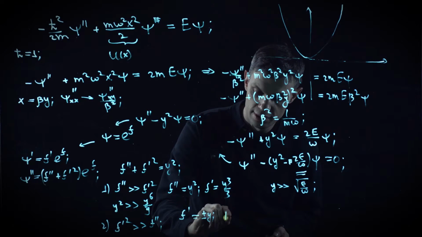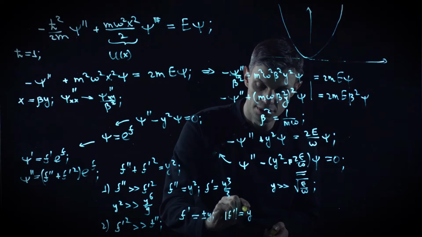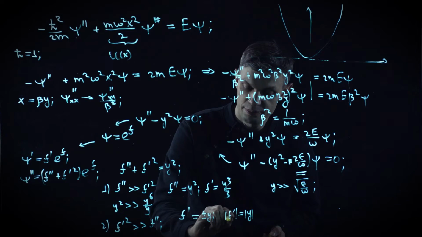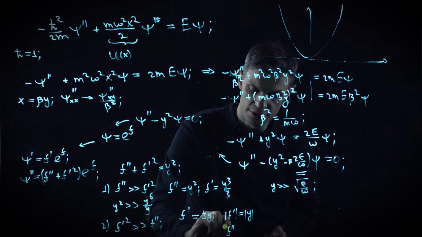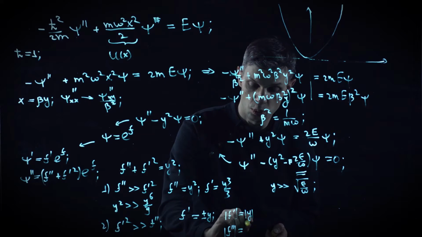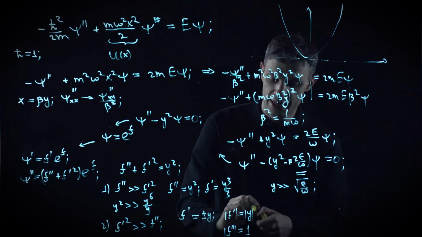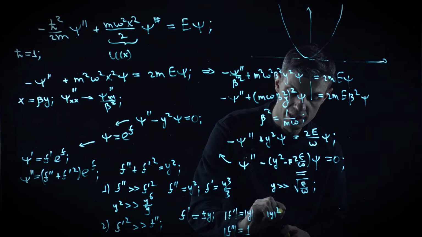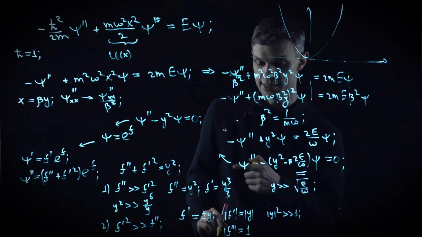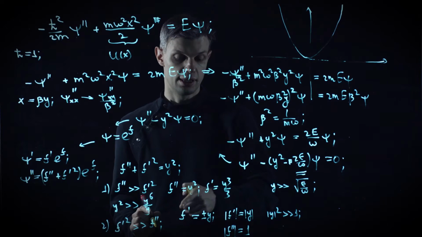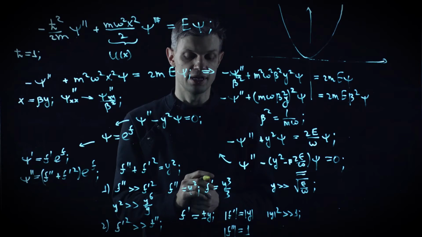So the modulus of f prime is simply modulus of y. And the modulus of f prime prime is 1. And indeed, f prime squared, modulus y squared, is much greater than 1. So it does hold. And as a result, we find the asymptotic solution for this simplified differential equation.